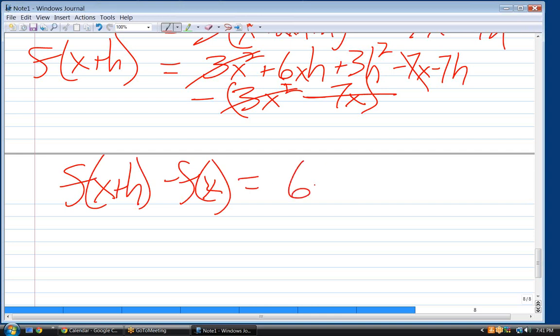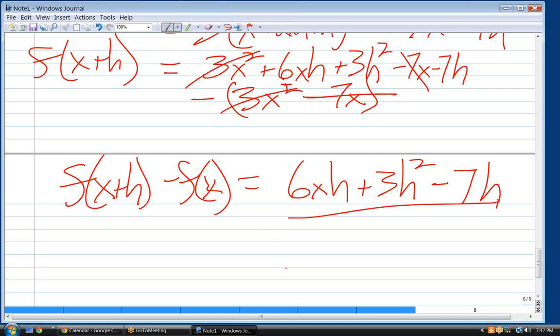Well, it looks like 6xh plus 3h squared minus 7h. And I'm to divide all of that by h. Now I can factor out the h's. In other words, I can simplify this. I can cross the h out with one of those, and that.